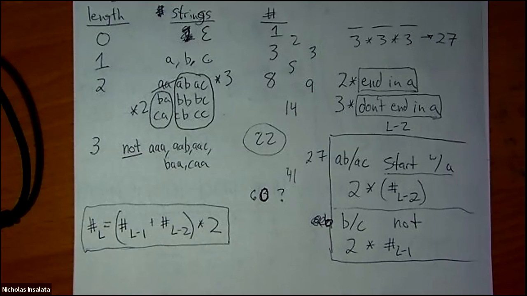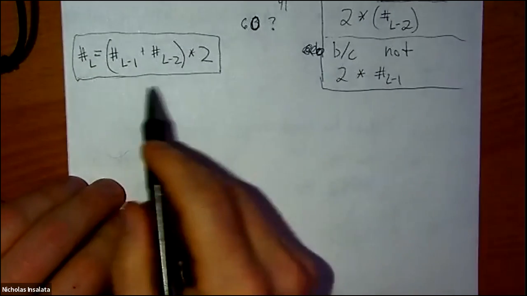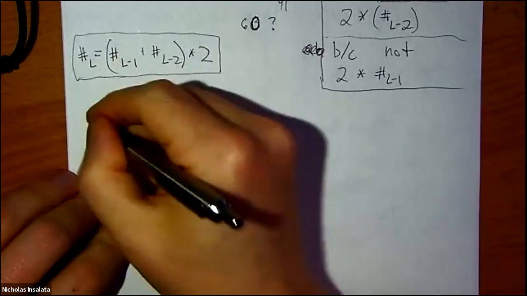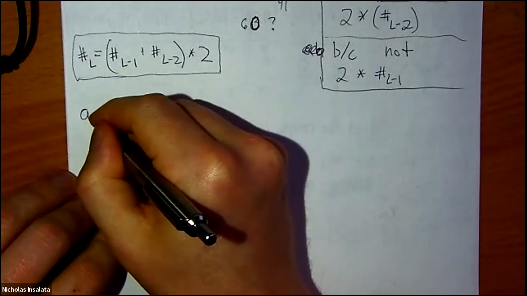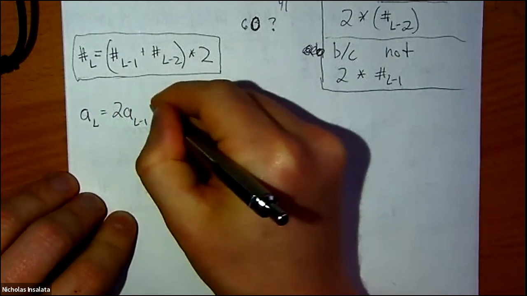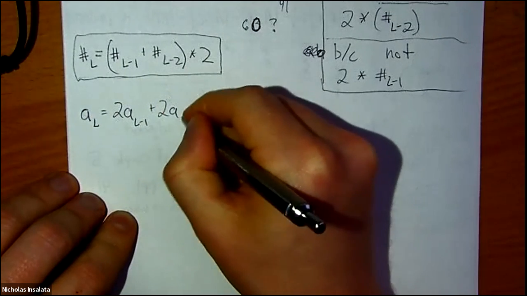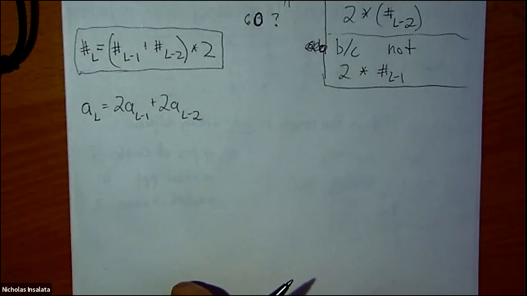Well, let me ask you this. Let's try to find a closed form solution, right? So what we actually have here is a linear homogeneous recurrence relation, right? So we have our sequence. Let's call this A, right? A sub L equals 2A sub L minus 1 plus 2A sub L minus 2, right? And we actually know how to solve one of these things.